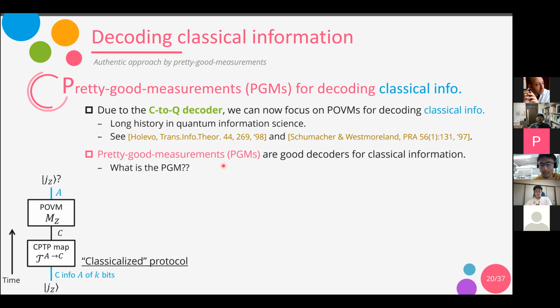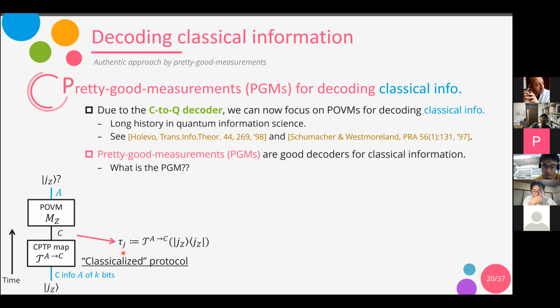This is known as a good decoder for classical information in general. So here we have a classical protocol, right? Then we are going to construct a pretty good measurement for this protocol. To this end, we first have to compute this state tau j, which is just the output state of the CPTP map when the initial state is the ket j state.